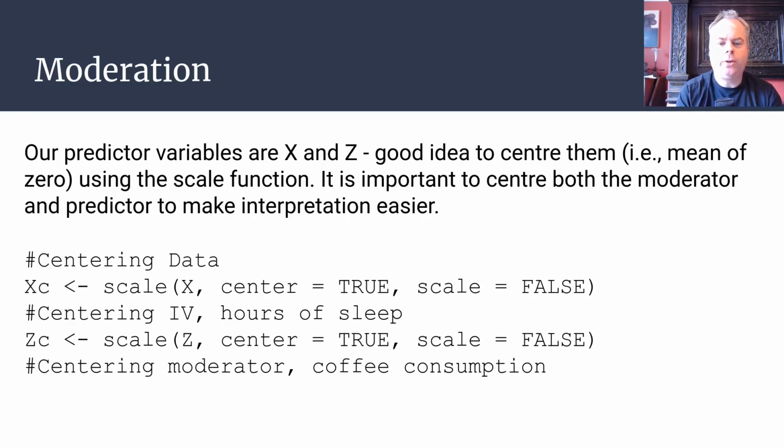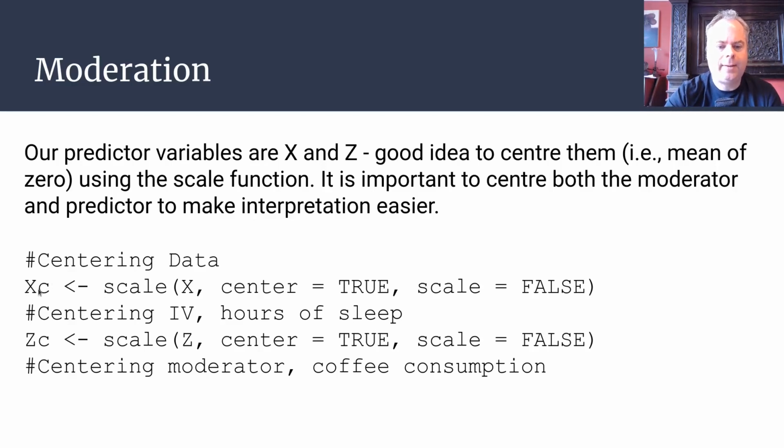So it could be the case that coffee consumption interacts with hours of sleep to ultimately determine the amount of attention students pay. As with any regression or linear model that we're building, it's always a good idea if you have continuous predictors to center them. You might want to scale them too, although in this case I'm just centering them, as it makes interpretation of the parameter estimates often a lot easier. So what I'm doing here is creating two new variables.